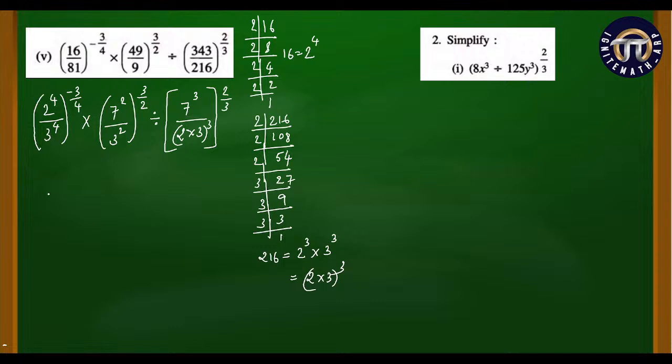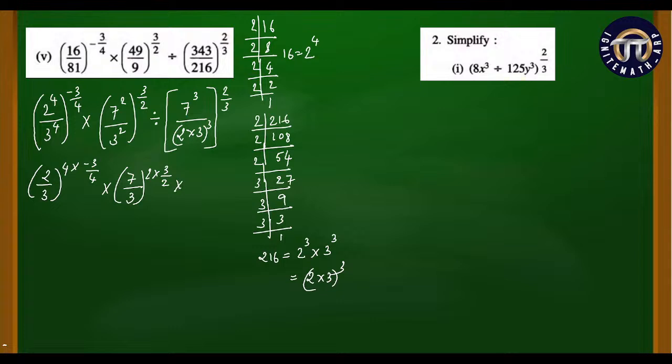Clear, children? So now I will apply the next rule, that is, I'll take it as a common power. So 2 by 3 to the power of 4. Okay, then if I apply the power law, this becomes minus 3 by 4 into 7 by 3 to the power of 2 into 3 by 2.